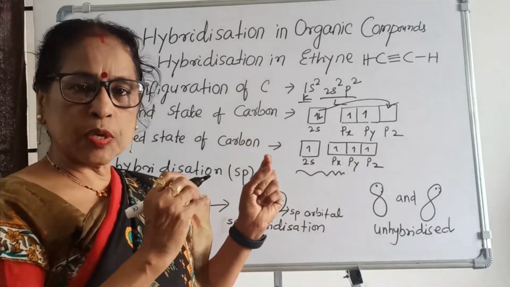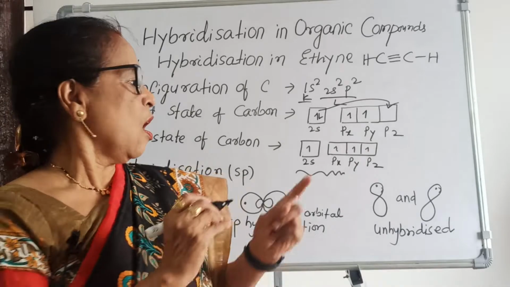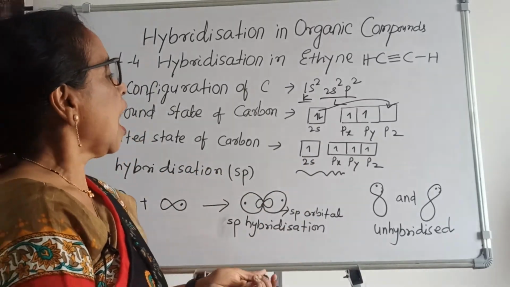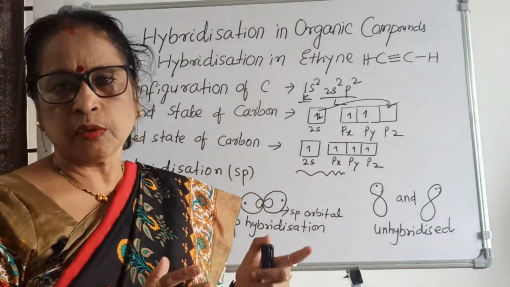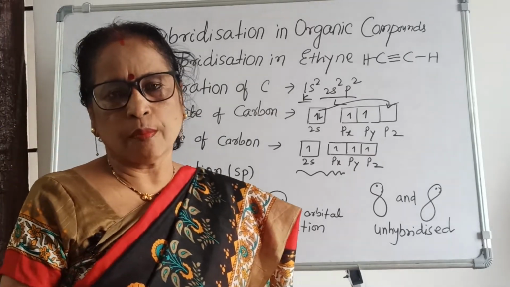Now 2s has 1 electron, and px, py, pz each contain 1 electron. That means 3 plus 1, 4 unpaired electrons, which are capable of forming bonds.